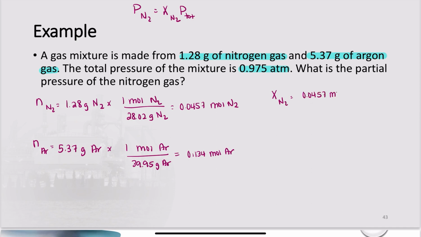So the mole fraction of N2 is 0.0457 moles of N2 divided by 0.0457 moles of N2 plus 0.134 moles of argon. The mole fraction here is 0.254. It's pretty hard to read that.